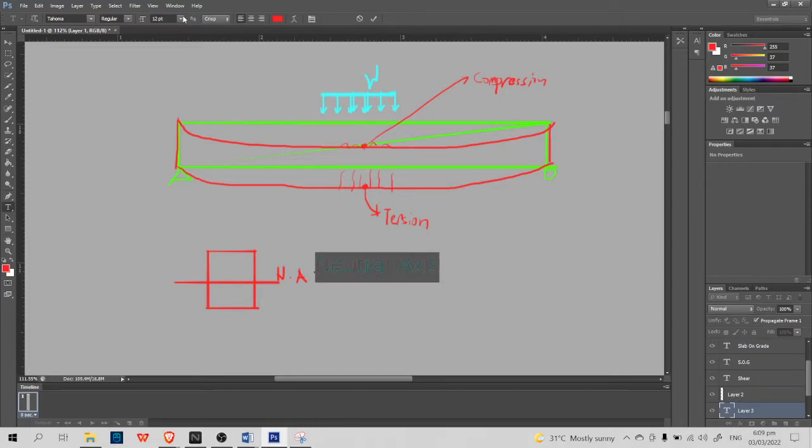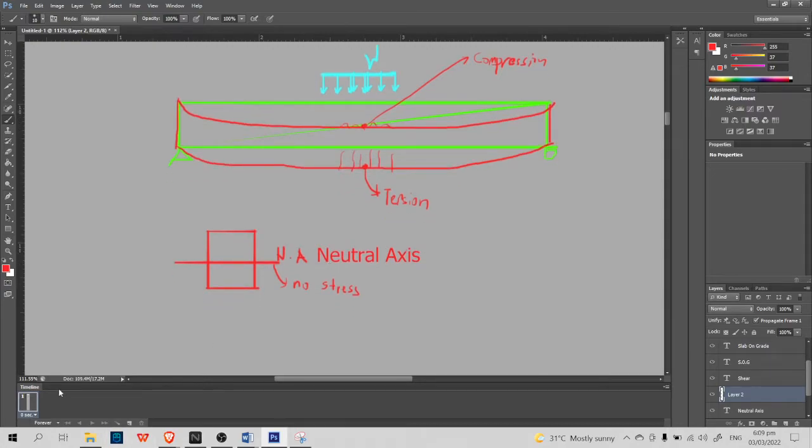The term neutral axis, from the term itself, dyan sa portion na yan, it experiences no stress. O sana dyan tayong lahat, no? Sana naging neutral axis na lang tayo. Okay, stress. Ngayon, for you to determine the stress of this beam, so ito, nasa compression, ito, nasa tension.